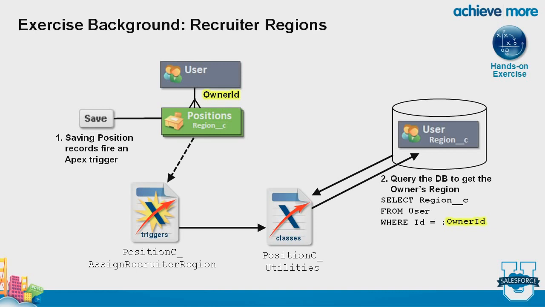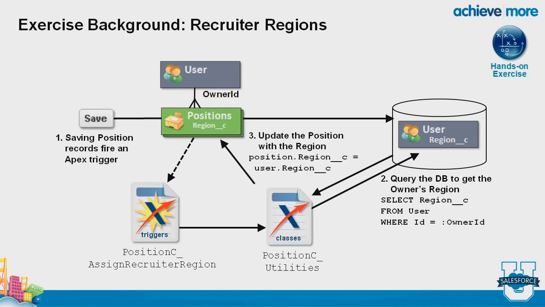From the user, it finds the record for the user who owns that position, and brings back a field called region. Sorry, the position's region is the same as the owner's region.